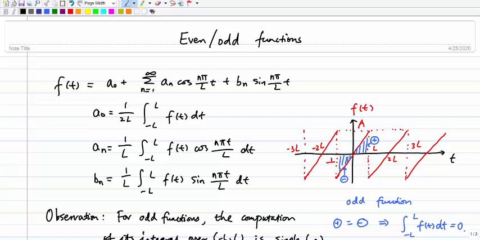Okay, as a recap, in the previous lecture I talked about how to obtain the Fourier series for a general periodic function.